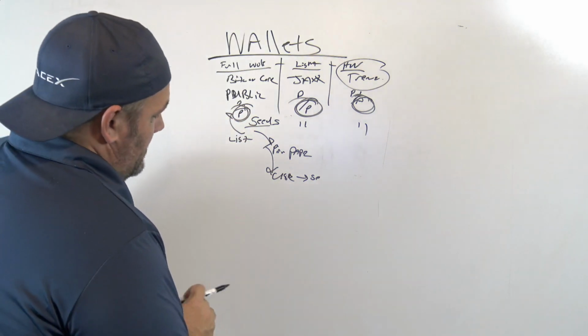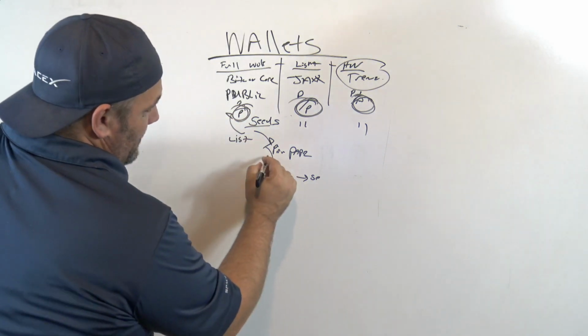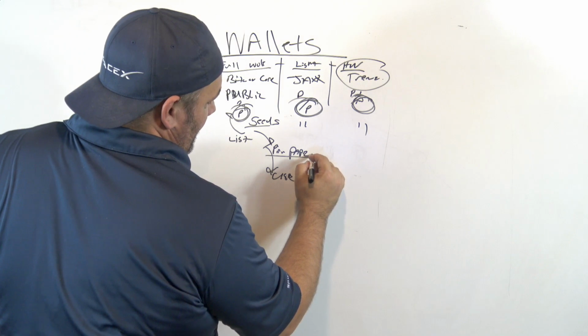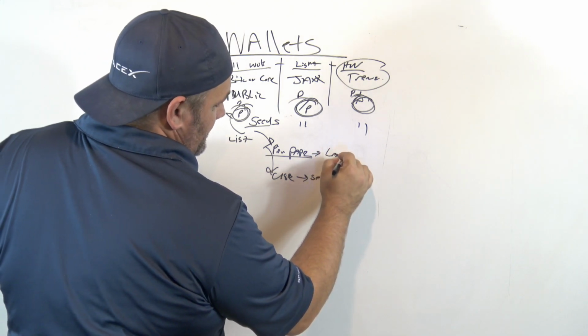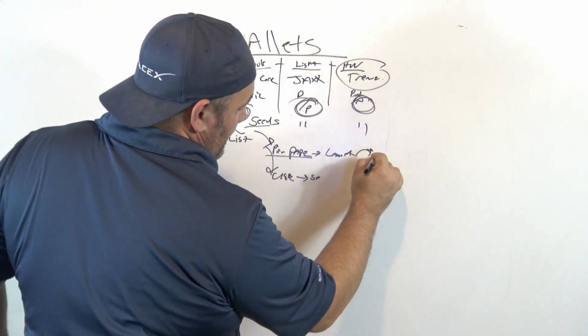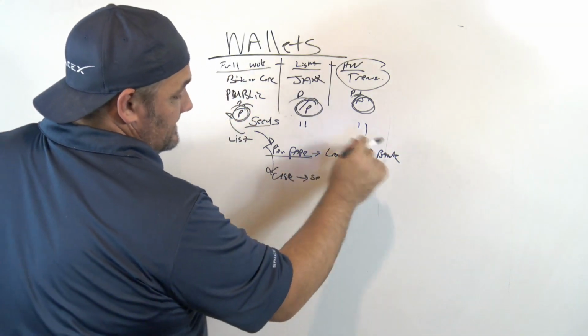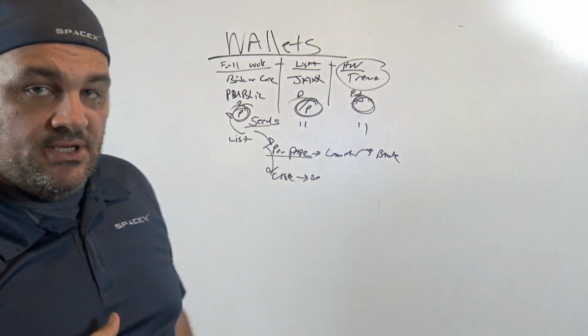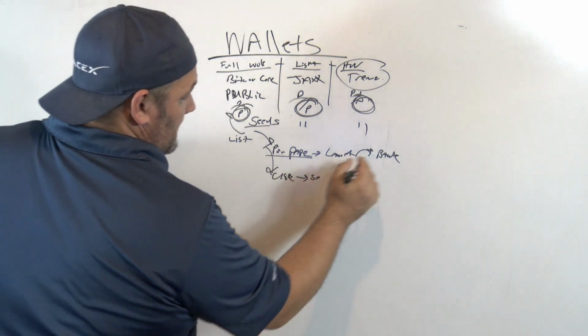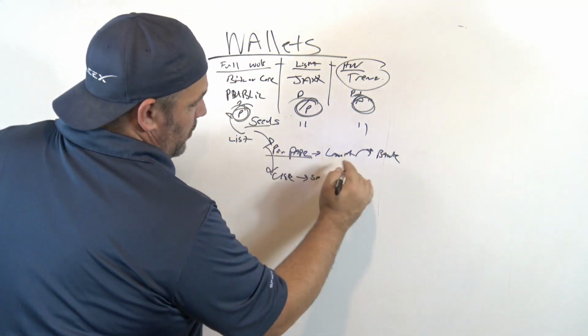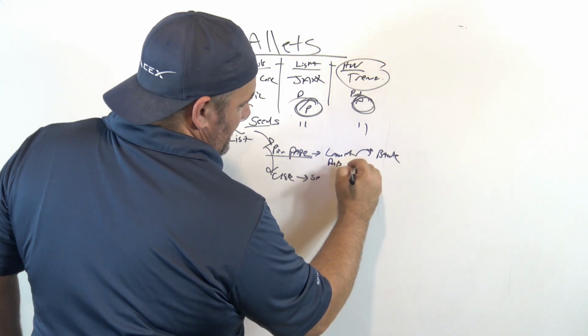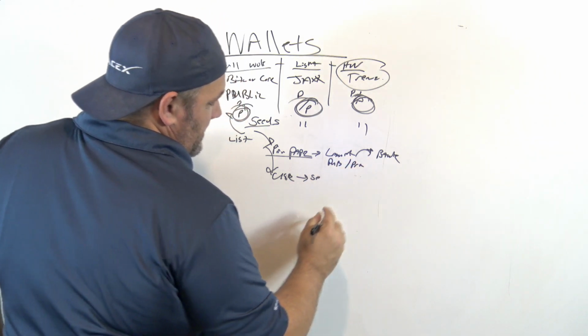So printing a paper wallet is fine. I'd say laminate it, go put it in a bank, get it somewhere else that you know is secure, and on that paper wallet, it's going to have that public and that private key.